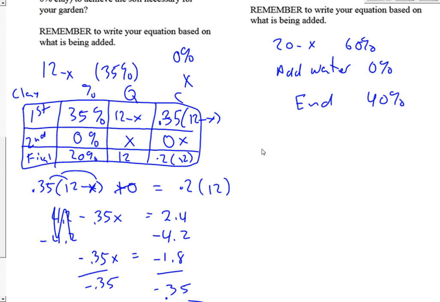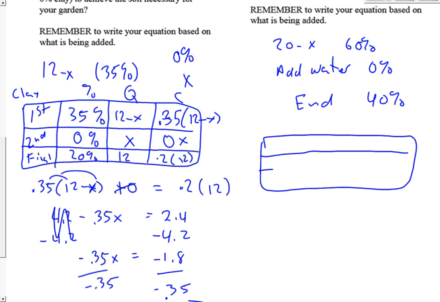So I make my table. We have our first part, second part, and the final. We have our percent, our quantity, and concentration.